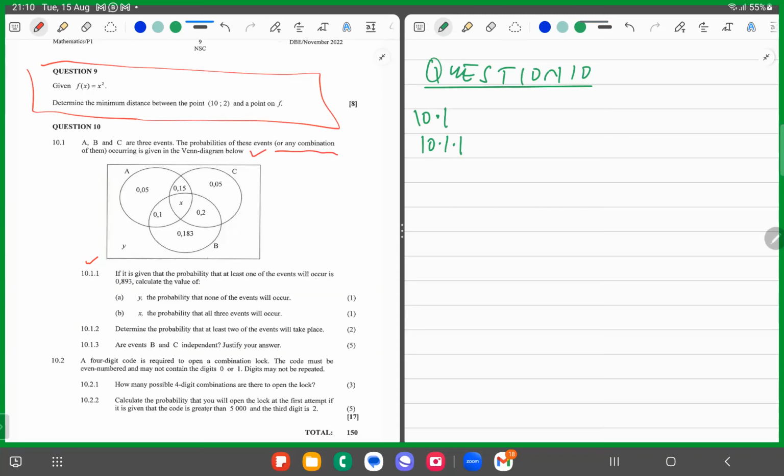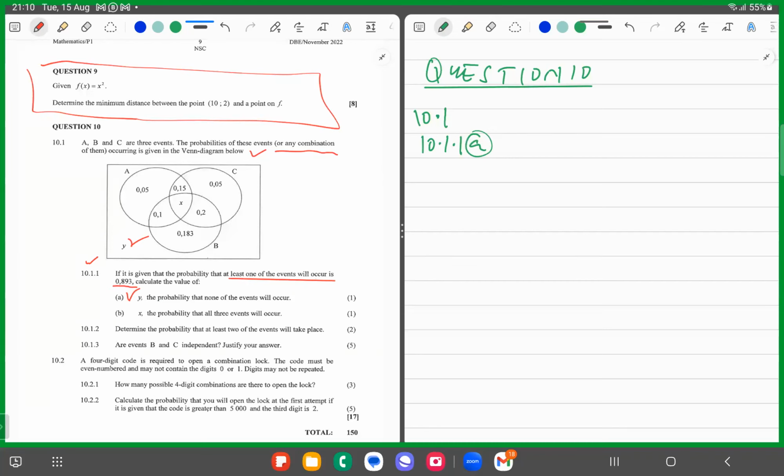If it is given that the probability that at least one of the events will occur is 0.893, calculate the value of Y in the A part. Y is this one. The probability that none of the events will occur. So you need to look at these and say, none of the events will occur.